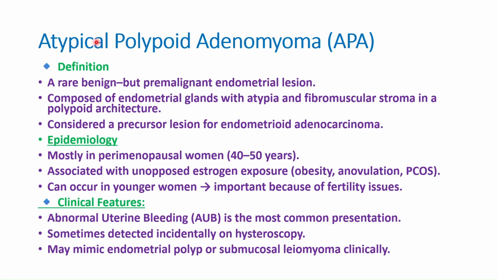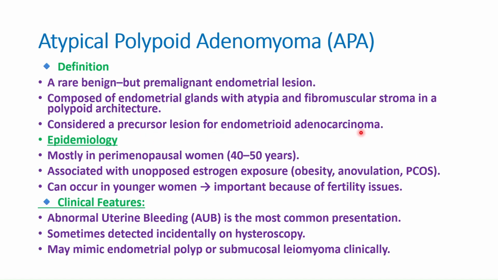So by definition, it is a rare benign but pre-malignant endometrial lesion composed of endometrial glands with atypia and fibromuscular stroma in polypoid architecture, and it is considered a precursor lesion for endometrial adenocarcinoma.